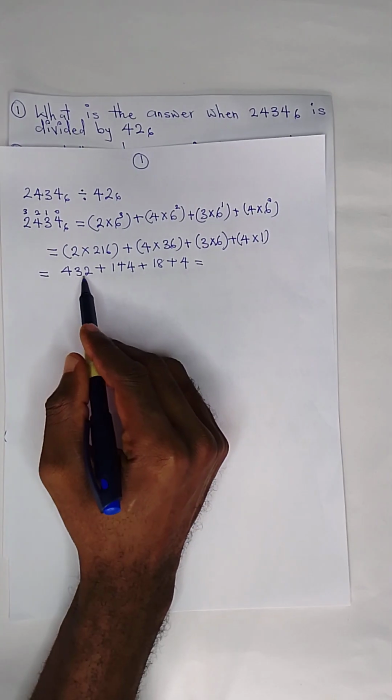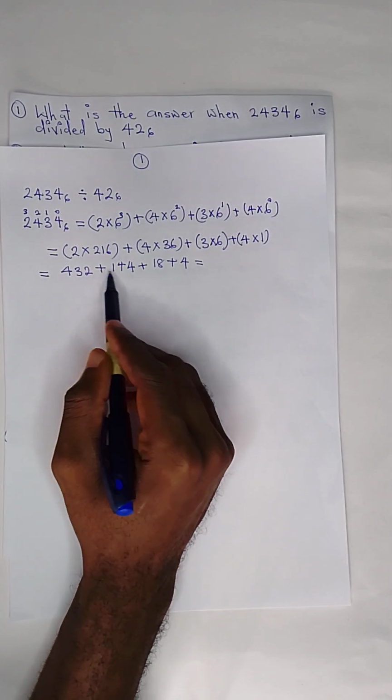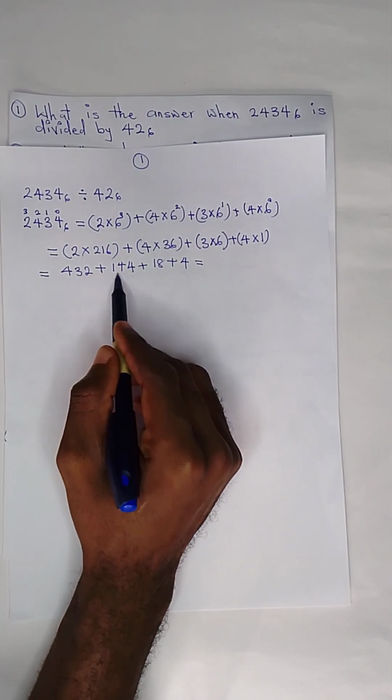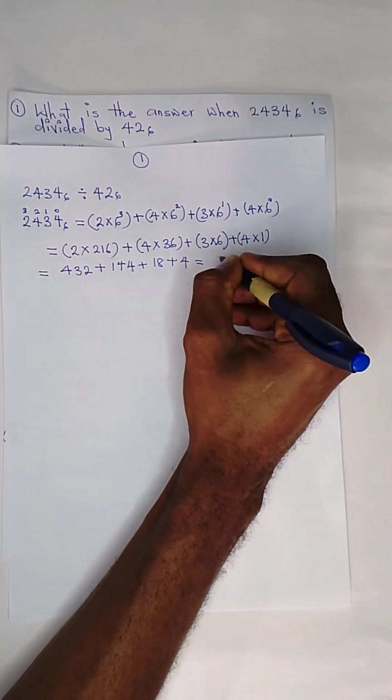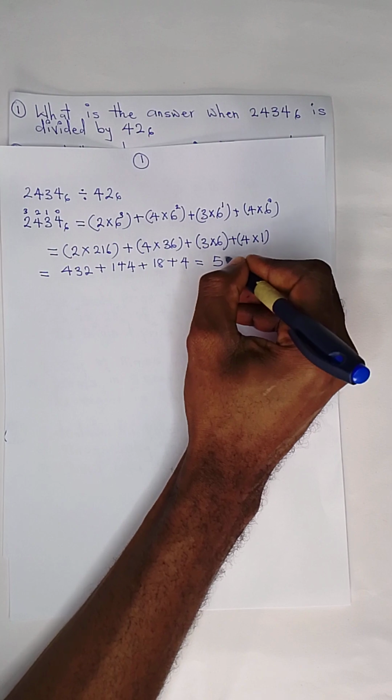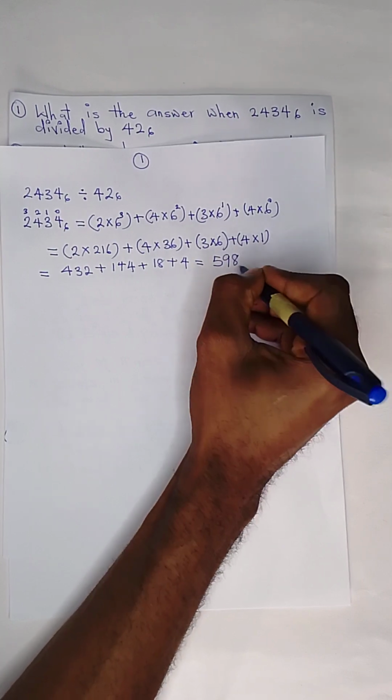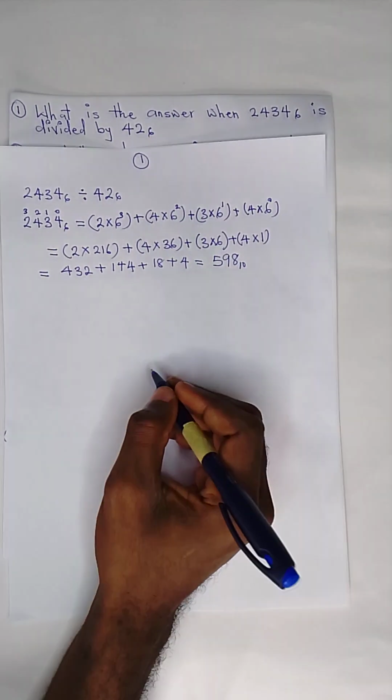Then we sum up these numbers: 432 plus 144 plus 18 plus 4. That is going to give us 598. So this number now is in base 10.